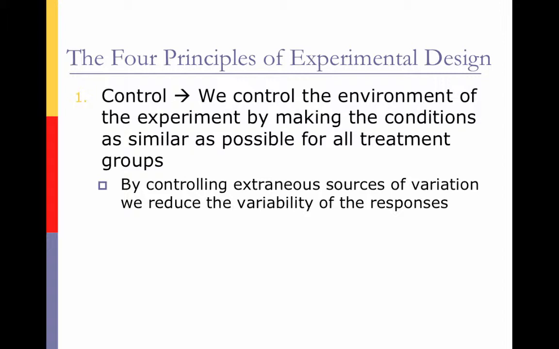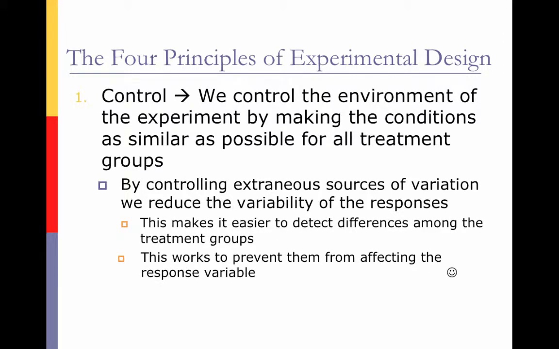So by controlling that, we'd be able to see past that specific variable, and it limits the amount of variation that we have. It makes it easier to detect differences among the different treatment groups, and it works to prevent them from affecting the response variable as well.